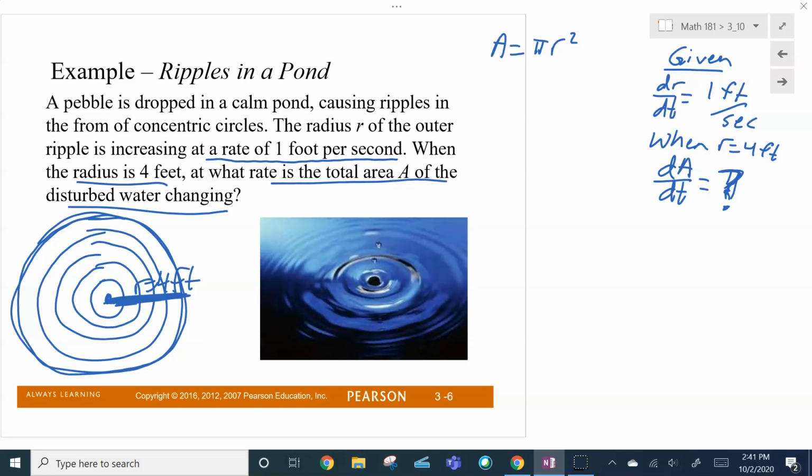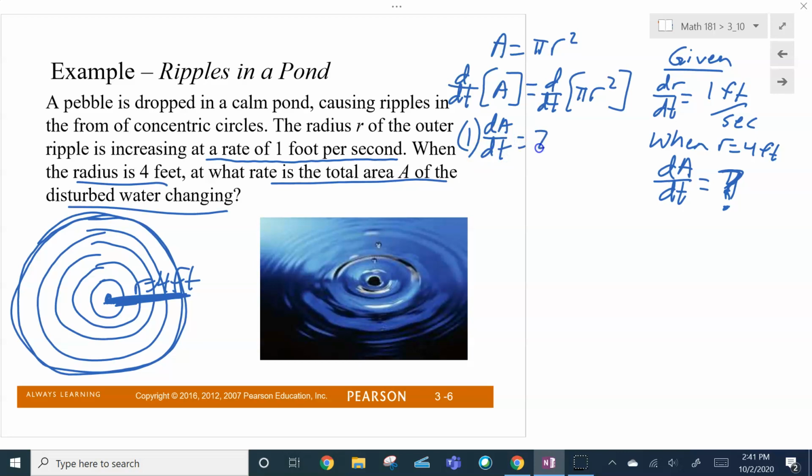Okay, so we're going to take our area formula. Area is pi r squared. We're going to take the derivative with respect to time on both sides, d/dt, differentiating implicitly. The derivative of A is dA/dt.